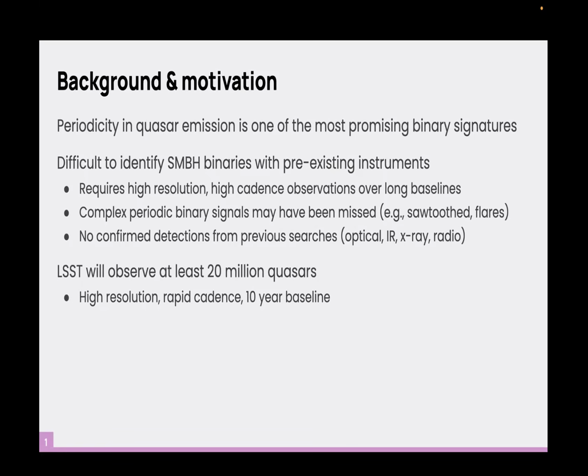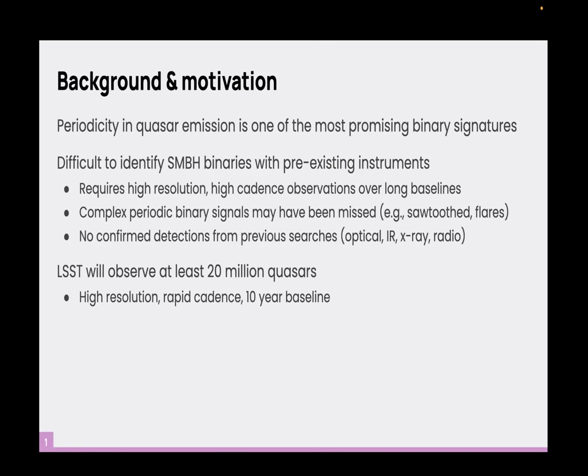And then previous searches are typically just focusing on the sinusoidal binary signals, which is not necessarily representative of all of the possible signals, so they may have overlooked some of those more complex signals that deviate from the sinusoid.